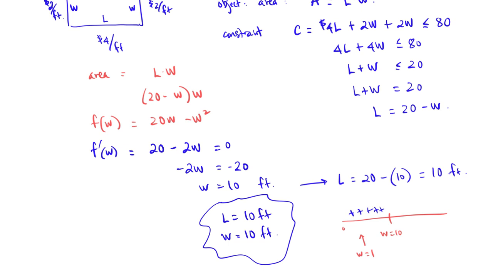If we plug in any number between 10 and 20, such as W equals 11, into the derivative, we see that 20 minus 2 times 11 is negative. What this sign chart is telling us is that the area is increasing up to 10 and then decreasing. This means the area is maximized when W equals 10.